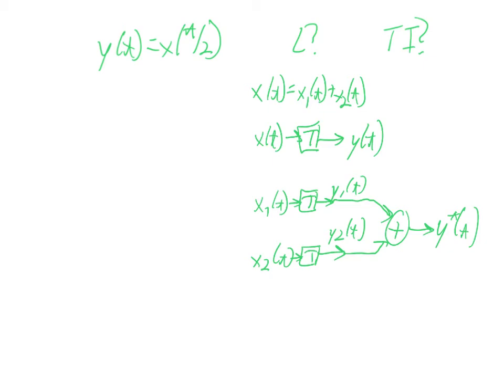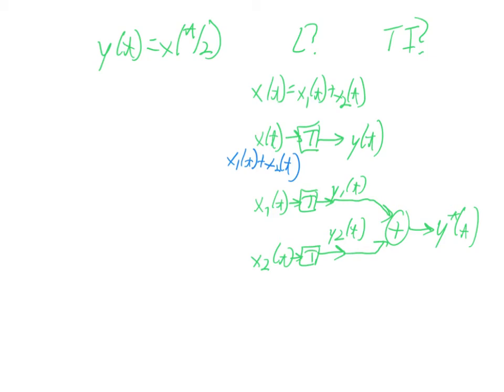So x is x1 of t plus x2 of t, and then the system rule that we're applying here says to get the output, you take the input and you replace the time variable with time variable divided by 2. So we are slowing down the function by a factor of 2.